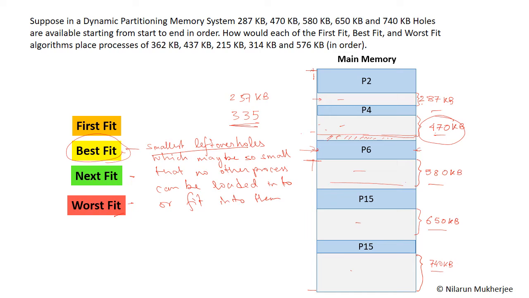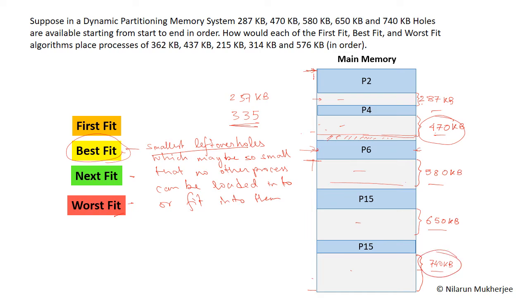To fight back with that, there is another case, that is the worst fit algorithm, which, again the same as the best fit, will start from the beginning to search, and it will search the entire memory, and it will find the largest hole where it can fit.